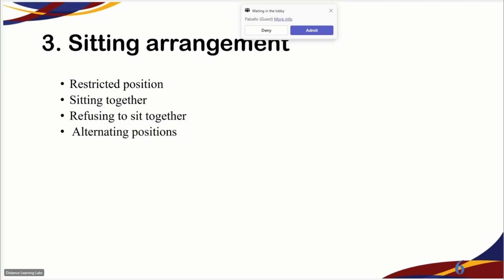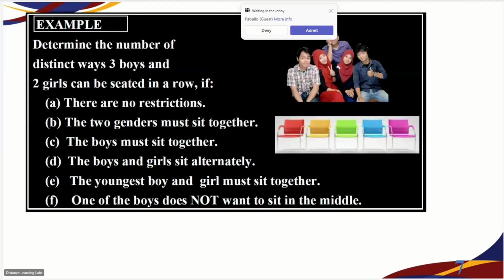Now let's check the examples that we have under this seating arrangements. I have an example here. It says, determine the number of distinct ways 3 boys and 2 girls can be seated in a row if, and I have 6 questions here.